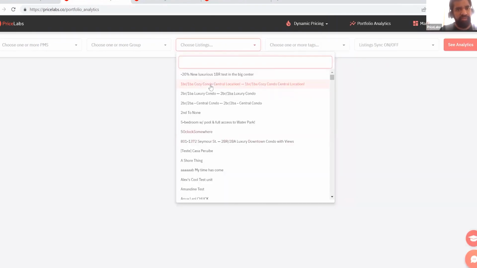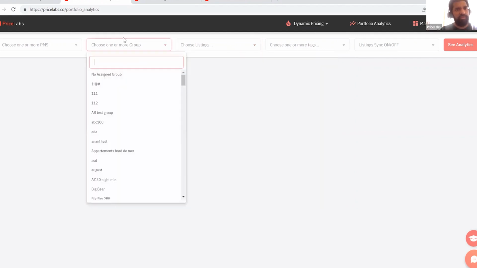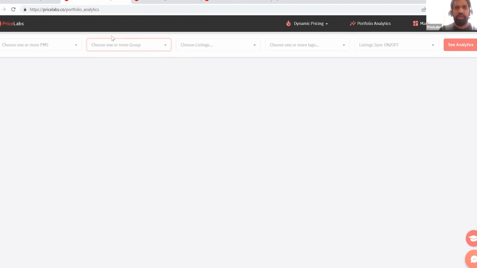You can also select just a few listings or an individual listing if you want to see their analytics. And if you have started to use groups, again, if you're that 10 plus listing user, I would recommend looking into what groups are or doing one of PriceLabs 201. You can filter by groups, and that way you can look at a very nuanced set of data rather than looking at the overall data set.